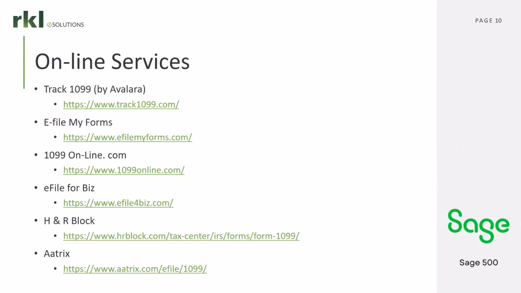Here's some links to the online services that are available. Obviously, Avalara is integrated with Sage 500, but there are others available. And the rates vary depending on how much of the servicing you want the online service to do.